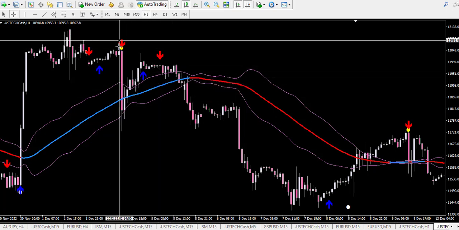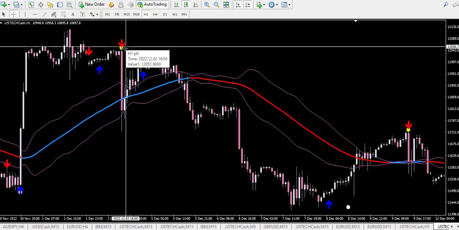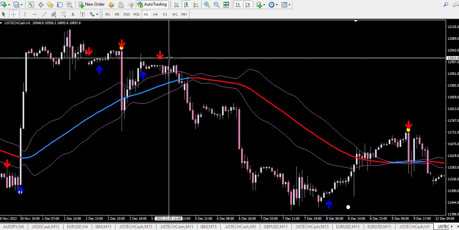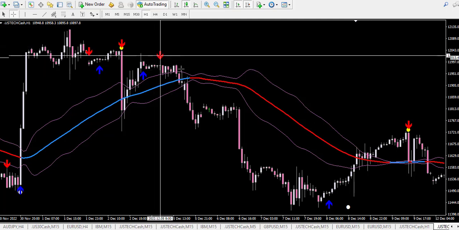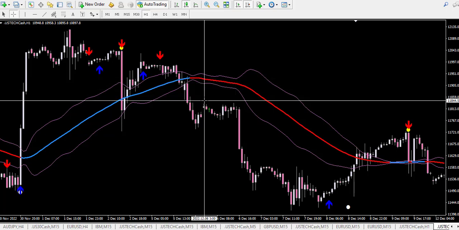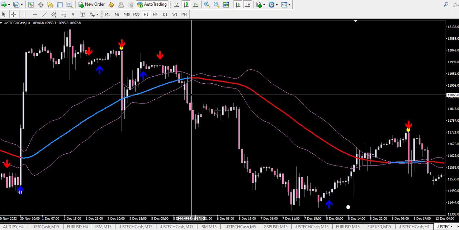So we know that we have a downtrend already confirmed by PTL and the Ignacy indicator, and what you will do, you will wait for the third indicator to be in agreement. So the simple rule is for you to wait and allow the three indicators to be in agreement before you place any trade.